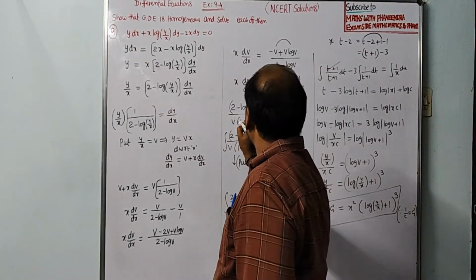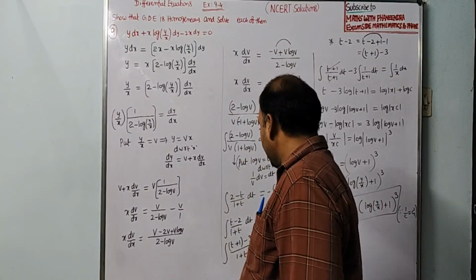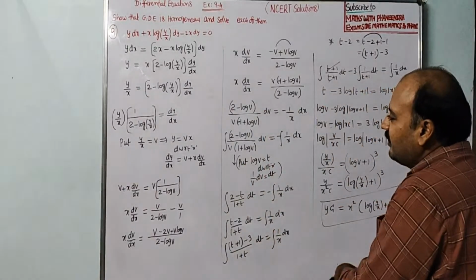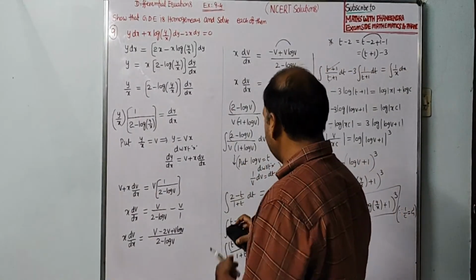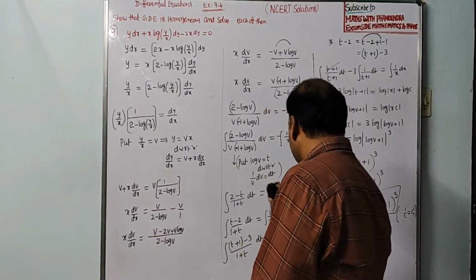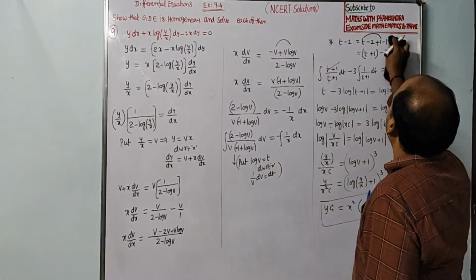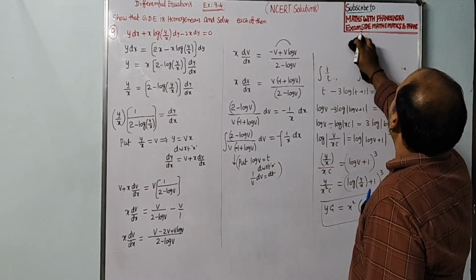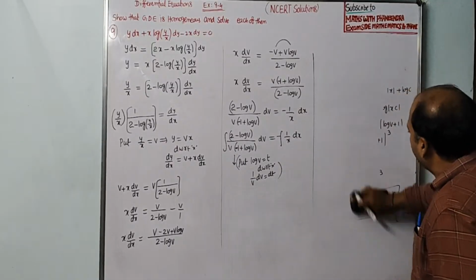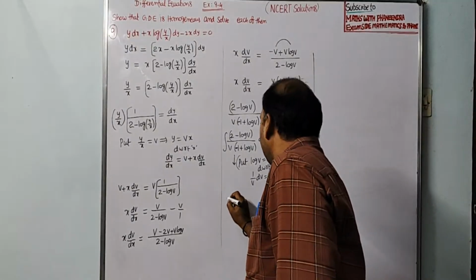So minus 1 plus log v means log v minus 1 in this denominator. From here again we need to rub this, dear students. Why? Because here is minus 1, and based on this, this will change. That's why whenever we feel difficulty in this step, only the minus or plus will differ.